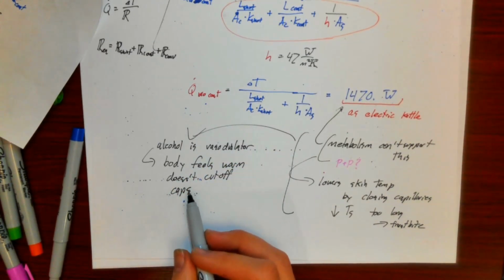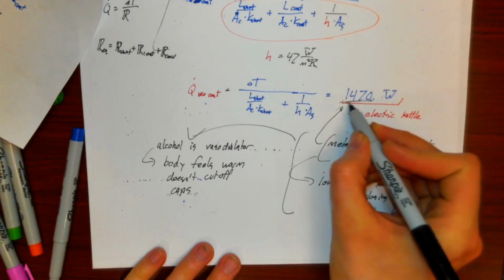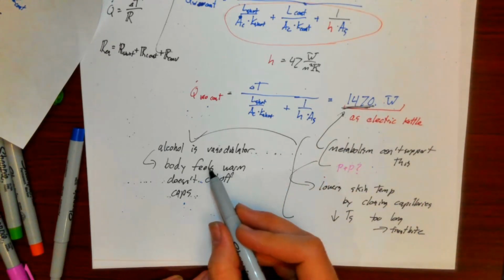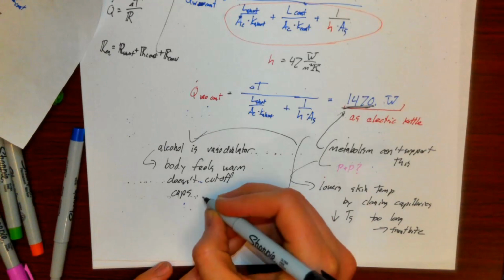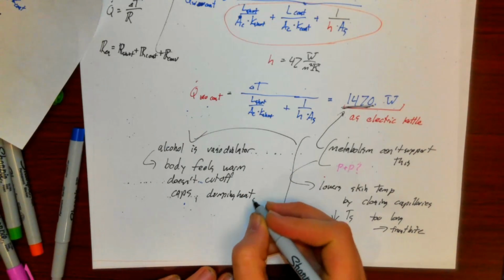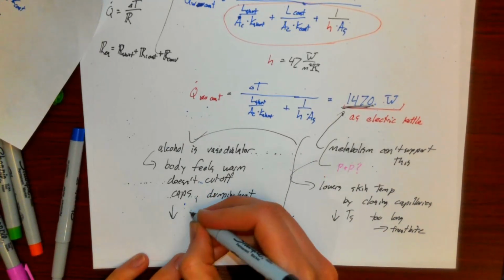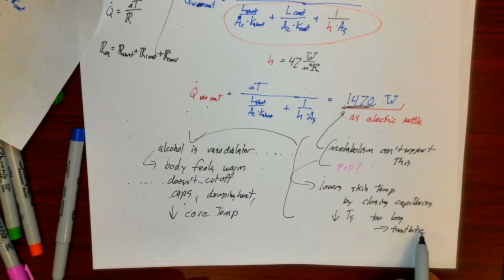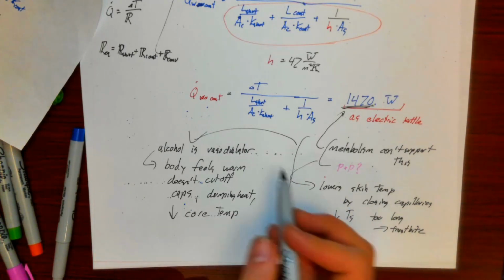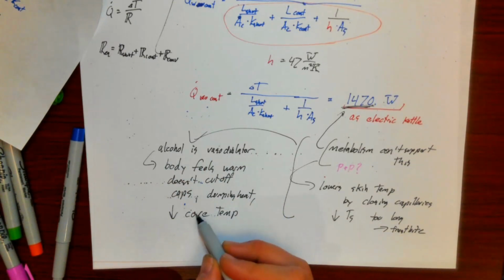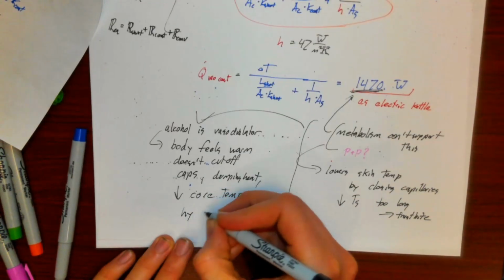But what's potentially problematic about that is that your body's basically going to keep producing and dumping this 1470 watts. So your body feels warm because it doesn't cut off your capillaries, but it's actually dumping heat. And what might happen is it might actually lower your core temperature. So rather than just cutting off the flow to your capillaries and your skin being a little unhappy because it's cold, if you're drunk, the alcohol is a vasodilator, you feel warm, but your core temperature is plummeting and you get hypothermia.